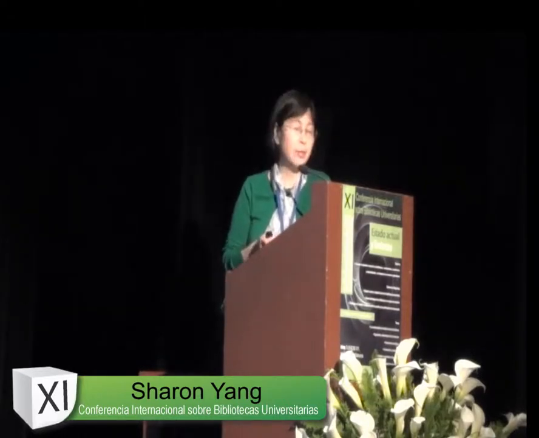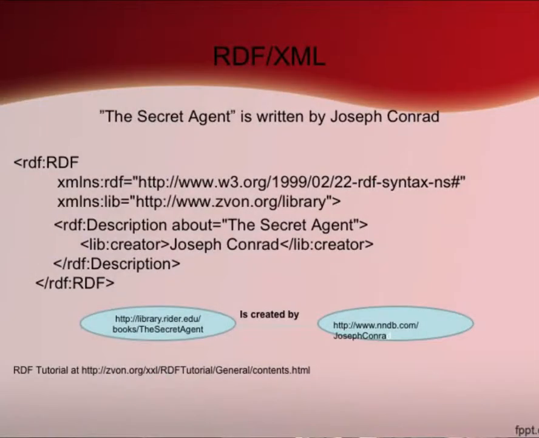So this is a typical code written in probably RDF XML. And this RDF XML is the most common language to write RDF statements. Again, BIBFRAME is trying to convert all the MARC records into such statements. That's what we are trying to do.